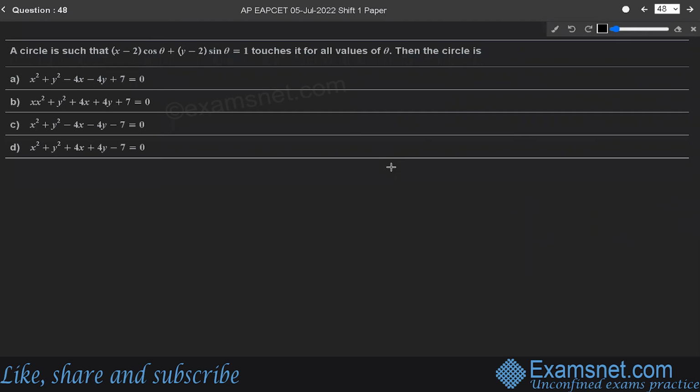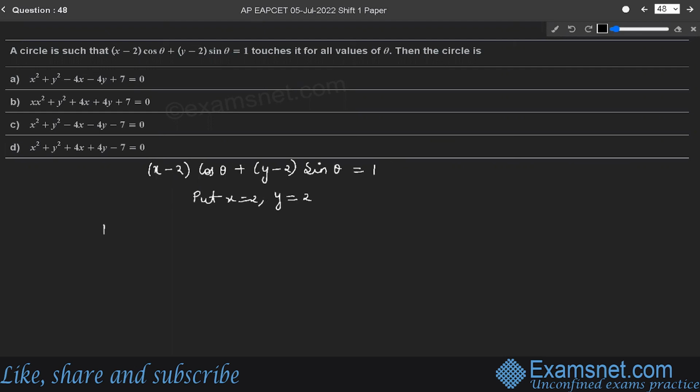Next question is: a circle is such that x minus 2 into cos theta plus y minus 2 into sin theta is equal to 1 touches it for all values of theta, then the circle is. An equation is given. Put x is equal to 2 and y is equal to 2 in this equation.